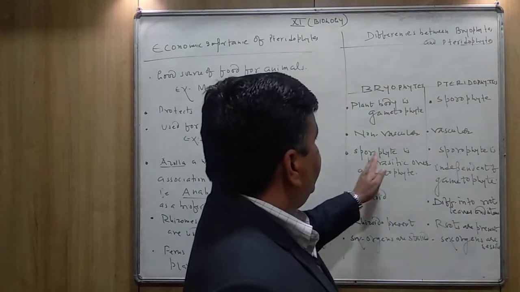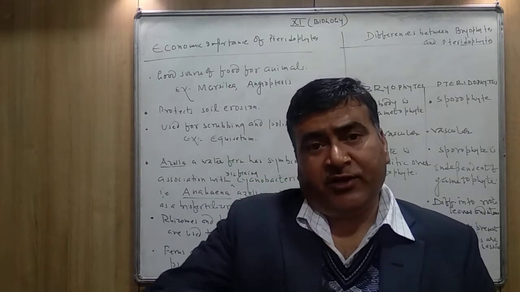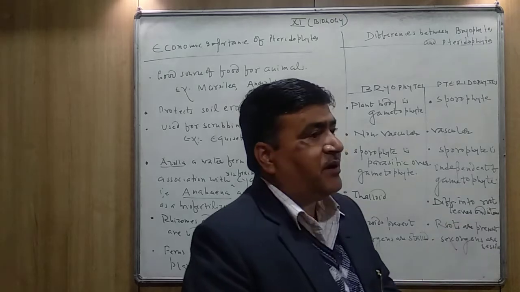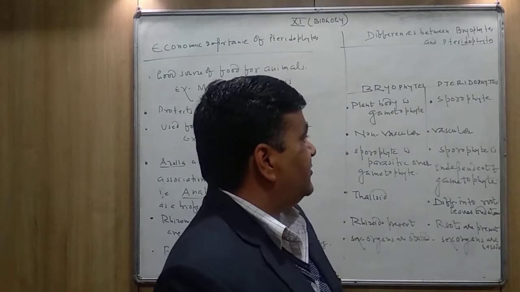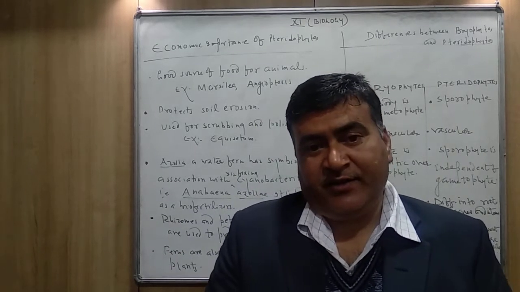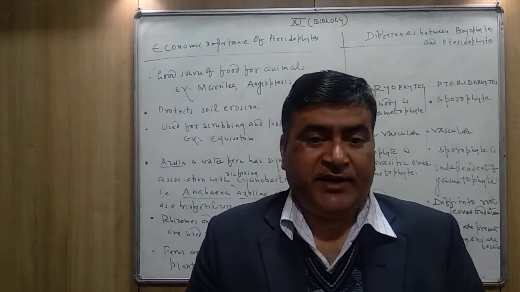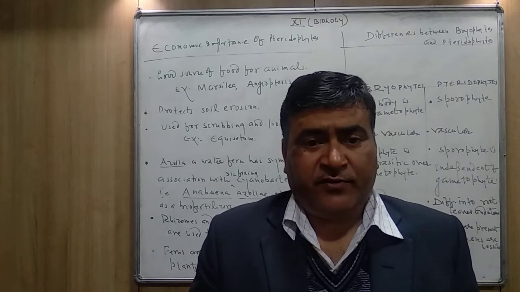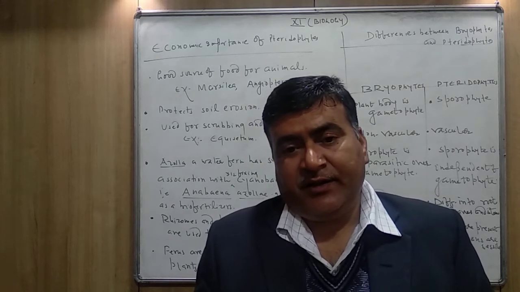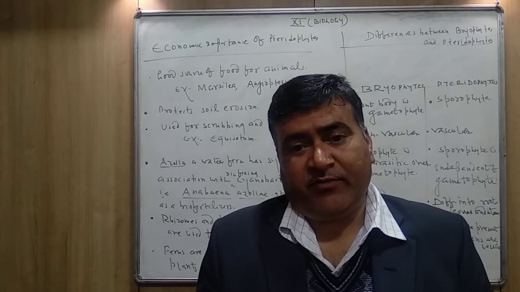So here the sporophyte is totally dependent on the gametophyte, but in the case of pteridophytes, the main plant is the sporophyte, and the sporophyte is independent of the gametophyte. As I taught you, in pteridophytes the main plant body is the sporophyte, and the gametophyte is entirely different from the sporophyte main plant body.